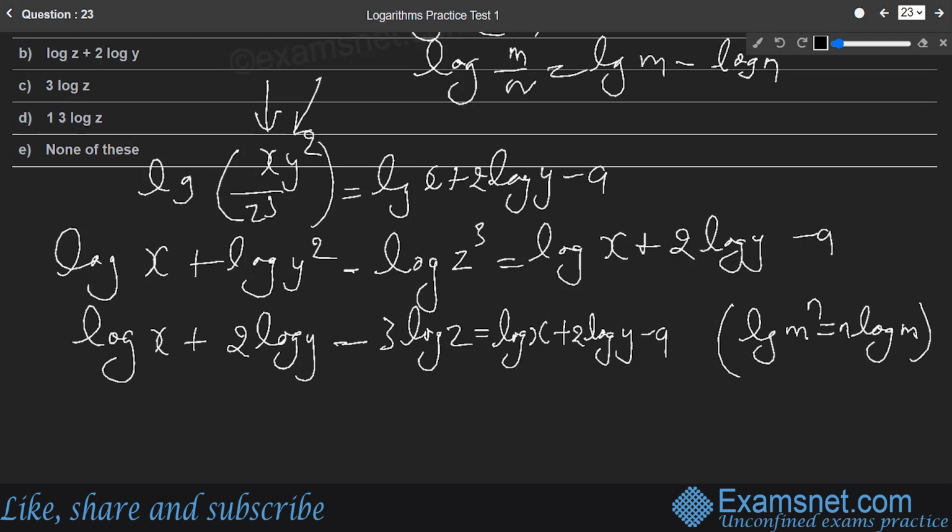Now if we see the left hand side and right hand side, we can cut a few things. Log x and log x get cancelled, as it is available on both the sides. 2 log y and 2 log y get cancelled. So ultimately we are left with a is equal to 3 log z. That should be the final answer, which is available in option number C and becomes the right answer.